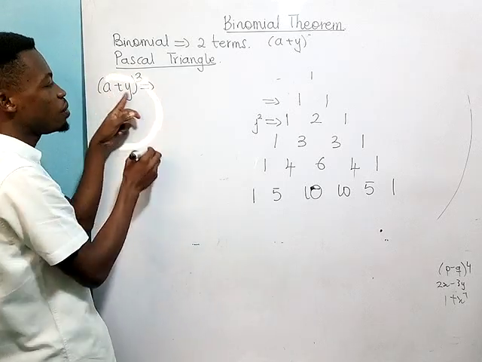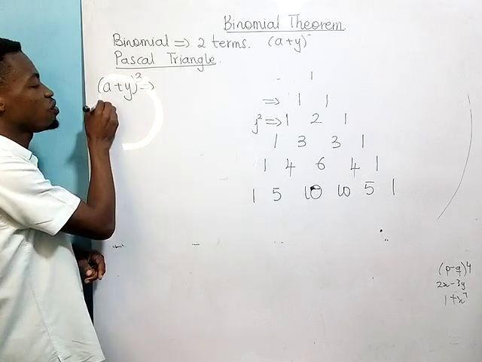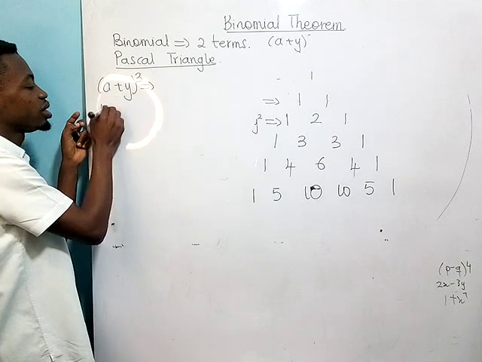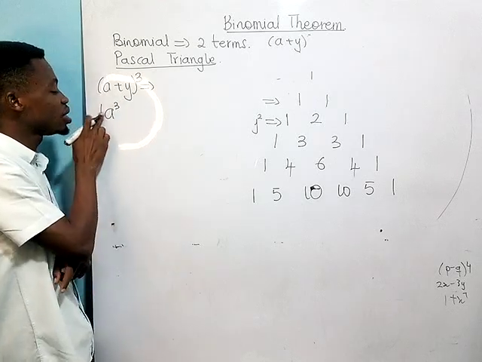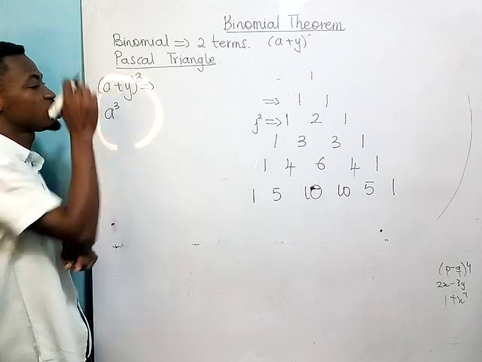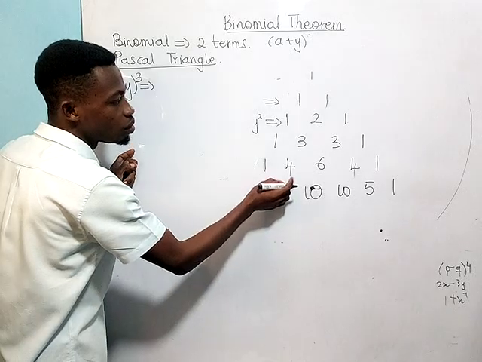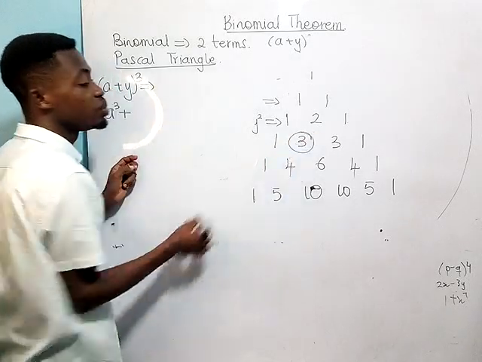So we have for (a + y)^3, we note our coefficient. We have 1, then this a to the power 3. And we know that in mathematics, 1 before a variable can be ignored. For a to the power 3, we come here.